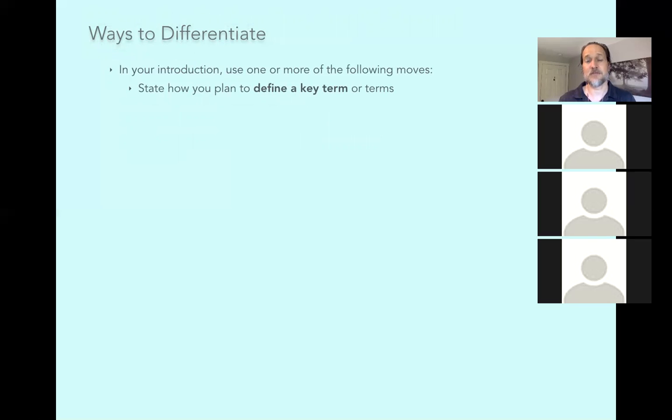Again, state how you plan to define the term. So start with a different term, and then, if you will, give a 1 or 2 sentence launching statement that focuses your audience to know how you plan to go forward in redefining that term or differentiating slightly from the way it's been defined.